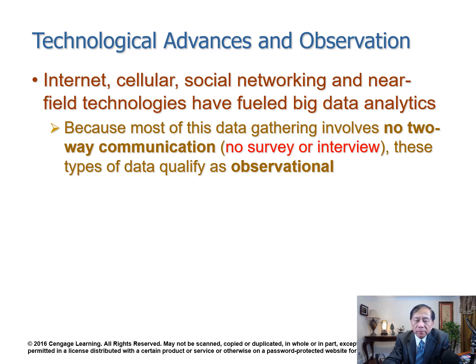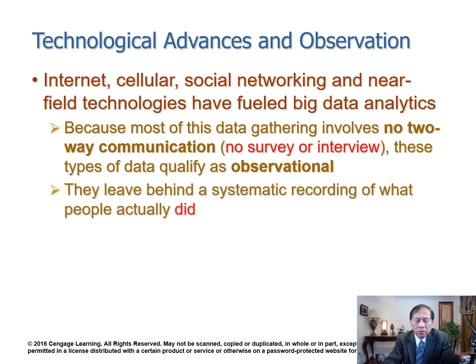It's just observing. These types of data qualify as observational. It's not that you just observe with your naked eyes. You can use other tools, like the internet and social networking software, to observe, because there's no two-way communication. They qualify as observational data.